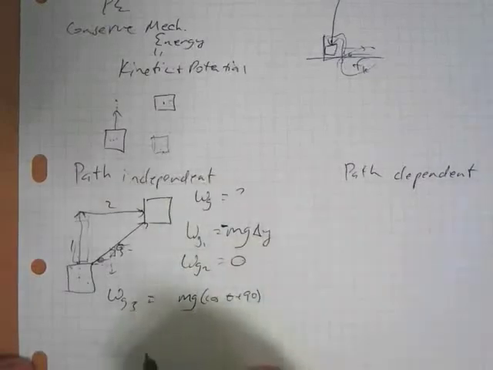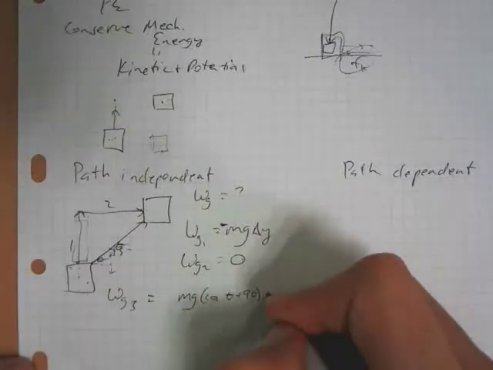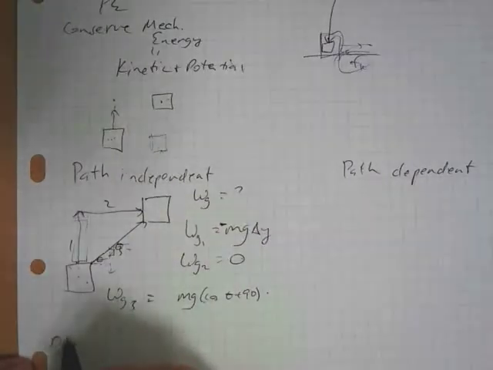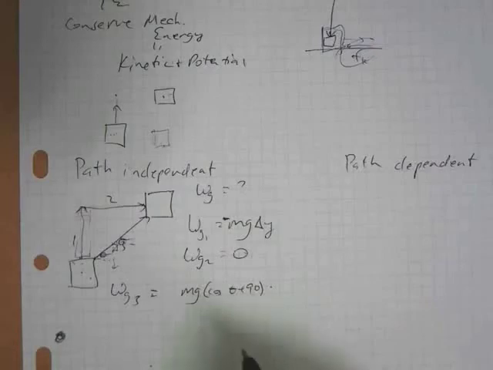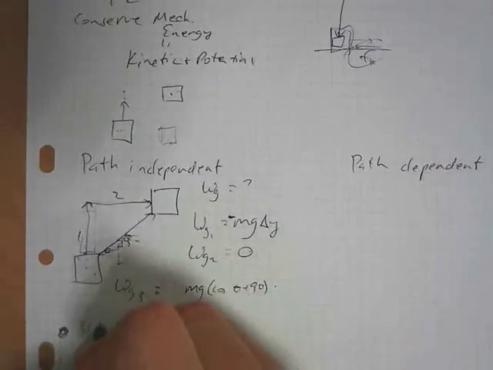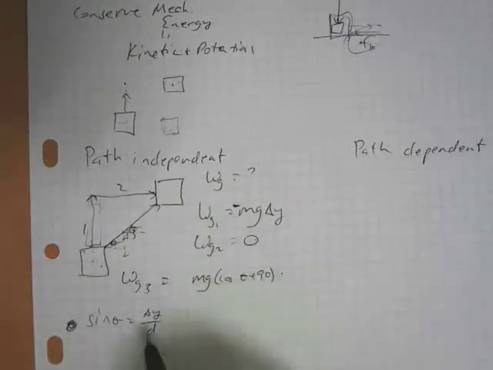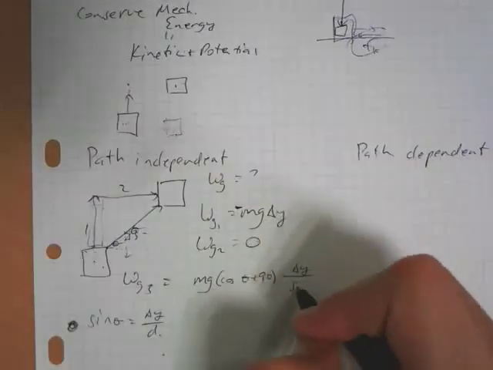The distance is that height, delta y, and the sine of theta is delta y over the distance, so the distance is delta y over sine theta.